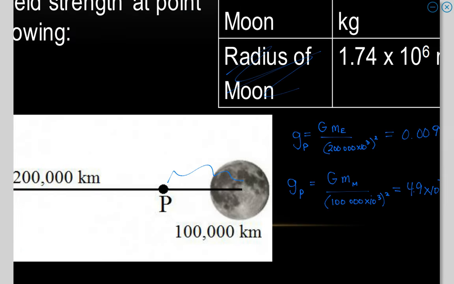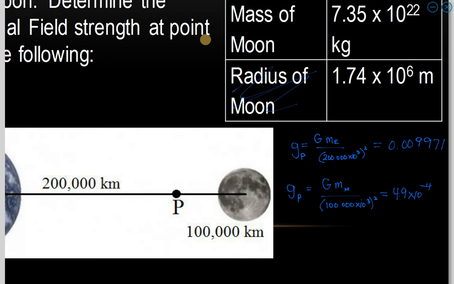This brings up a pretty interesting idea here. Let's just think about it for a second. Which way does the first calculation, the 0.009, point? Left, and the other one points to the right. So when you put those together, GP1 plus GP2, I'll attach a negative to the 0.009, and then add this 4.9 times 10 to the negative 4.